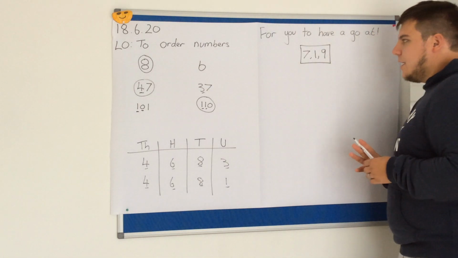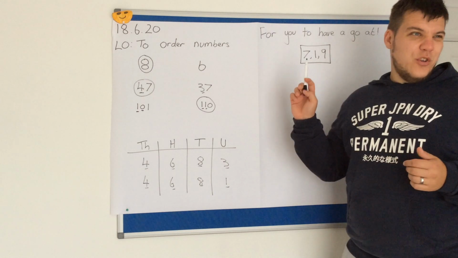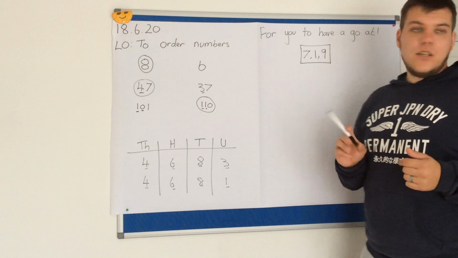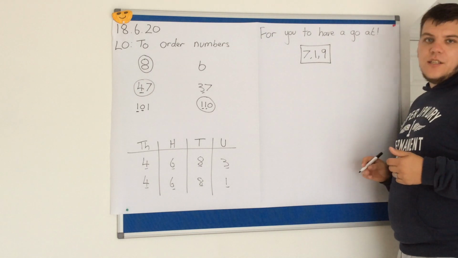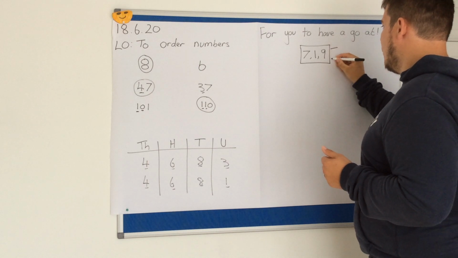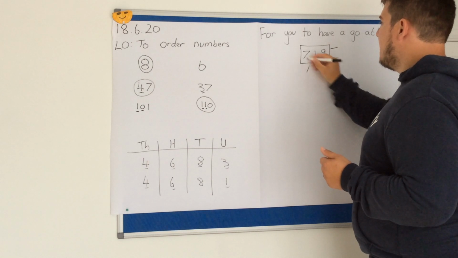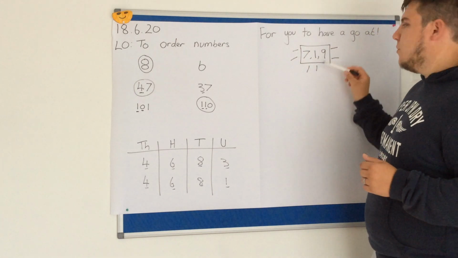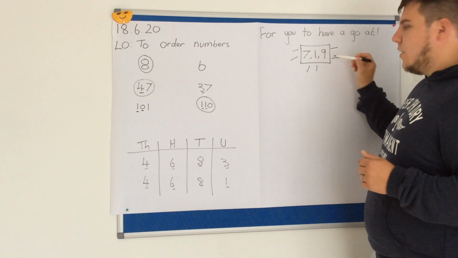And what I'm going to do then is make all the numbers that I can with those digits. If I've got 3 digits, then I should be able to make 6 different numbers. I should be able to make 2 numbers starting with each of the digits.